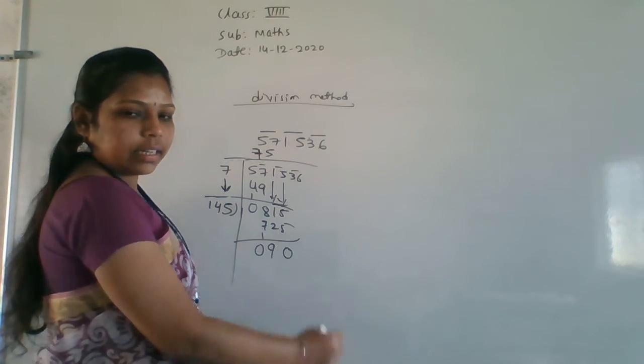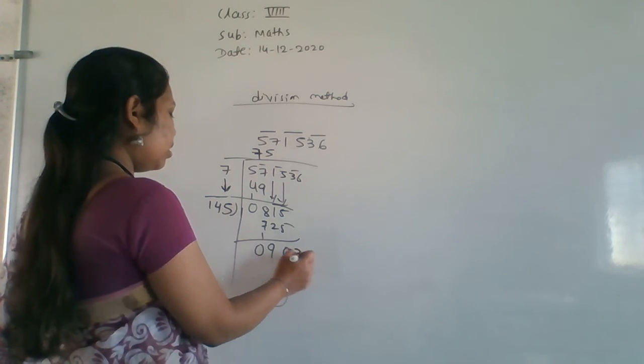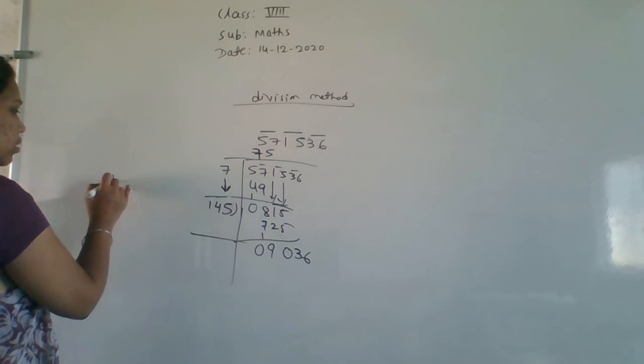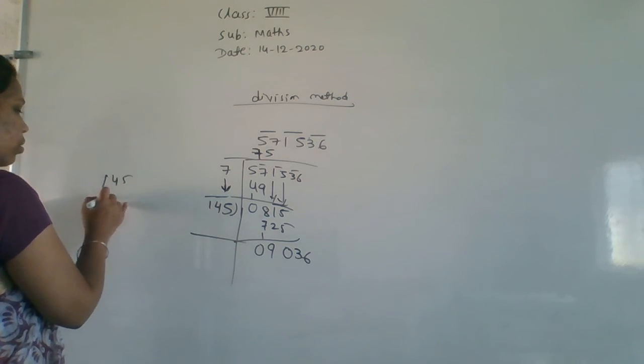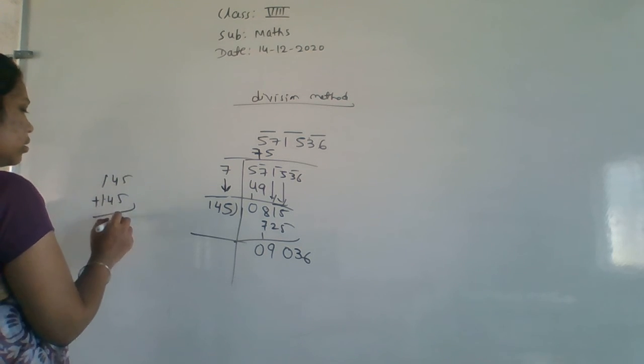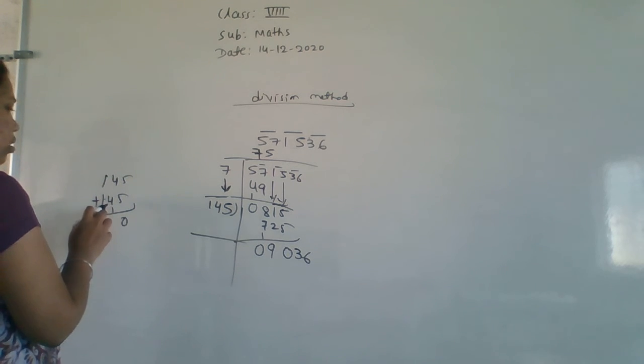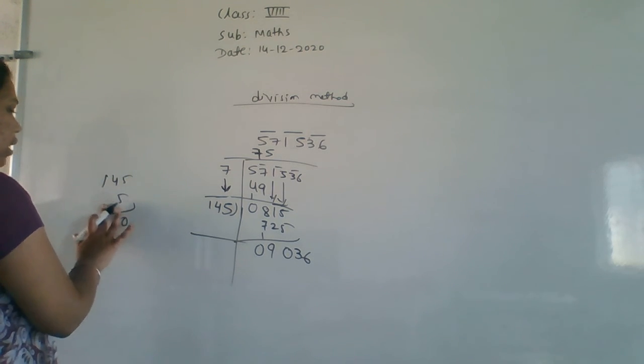Next, take down the next pair, that is 36. Now 145 plus 145, what is the answer? I think only the last number we have to add here.